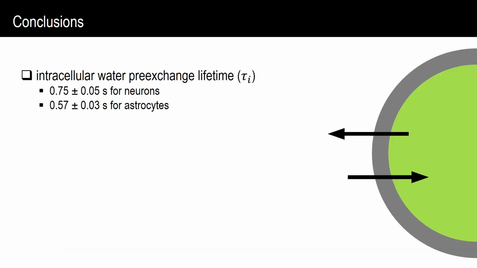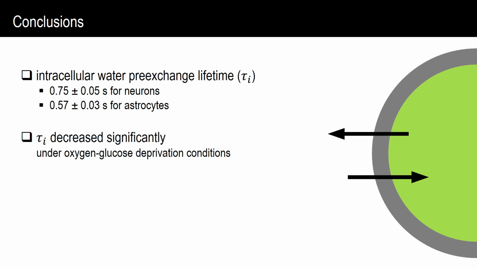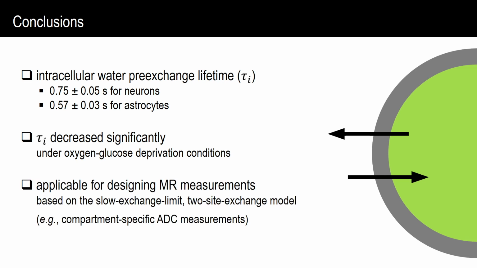To draw the conclusion, in our study, the intracellular water pre-exchange lifetime was separately measured for neurons and astrocytes, and we observed that the tau I decreased significantly under oxygen-glucose deprivation conditions. The results presented in this study will provide useful prior information for designing MR measurements that are based on the slow exchange limit two-site exchange model. For example, the compartment-specific ADC measurements in the brain.